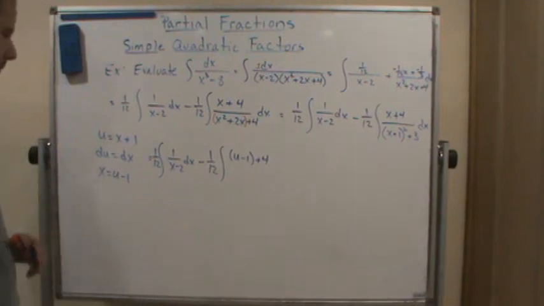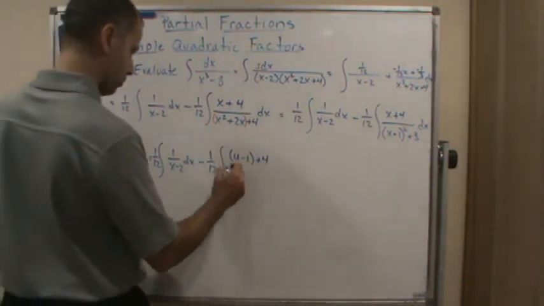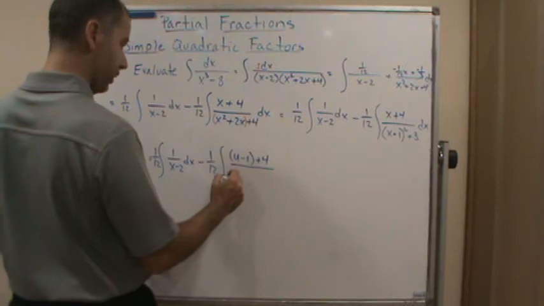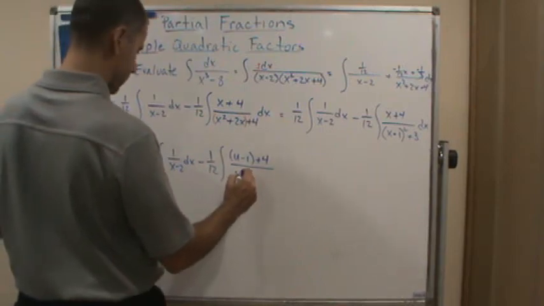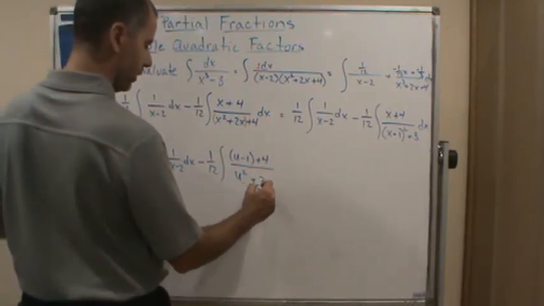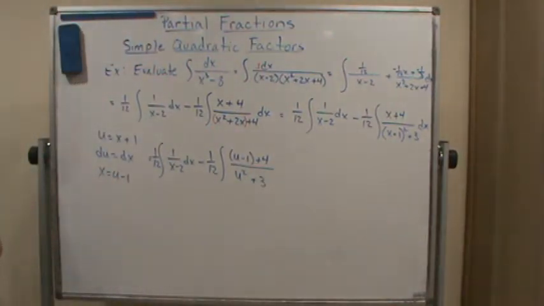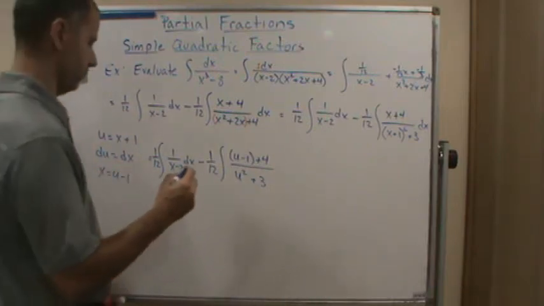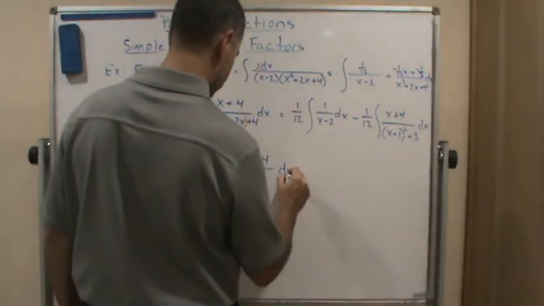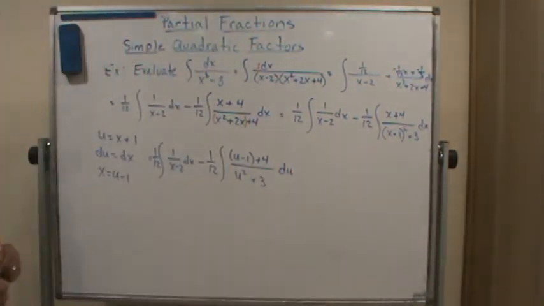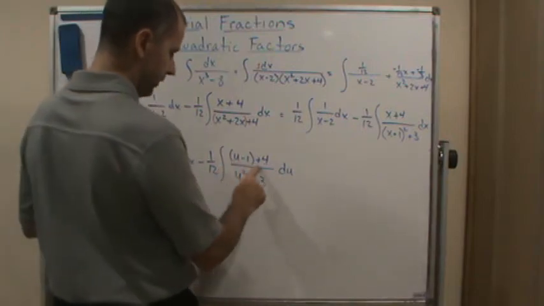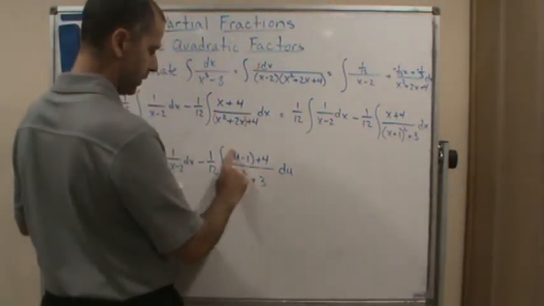Plus 4 over u squared plus 3 du, and so all this here on the top just becomes u plus 3.